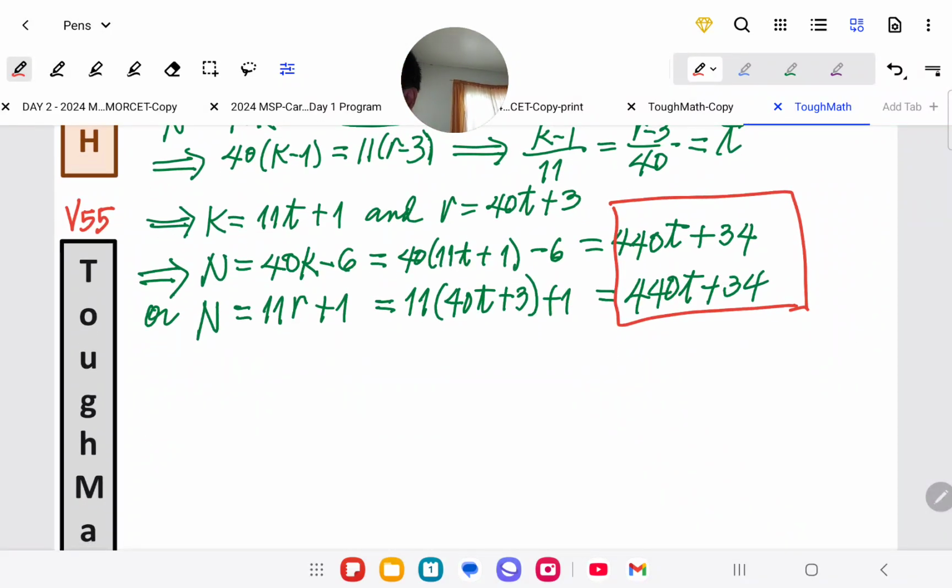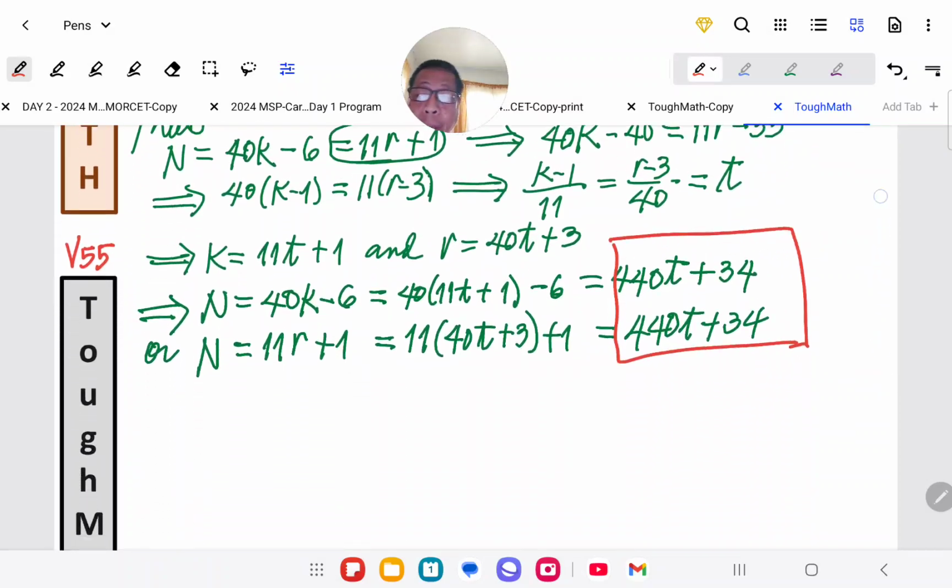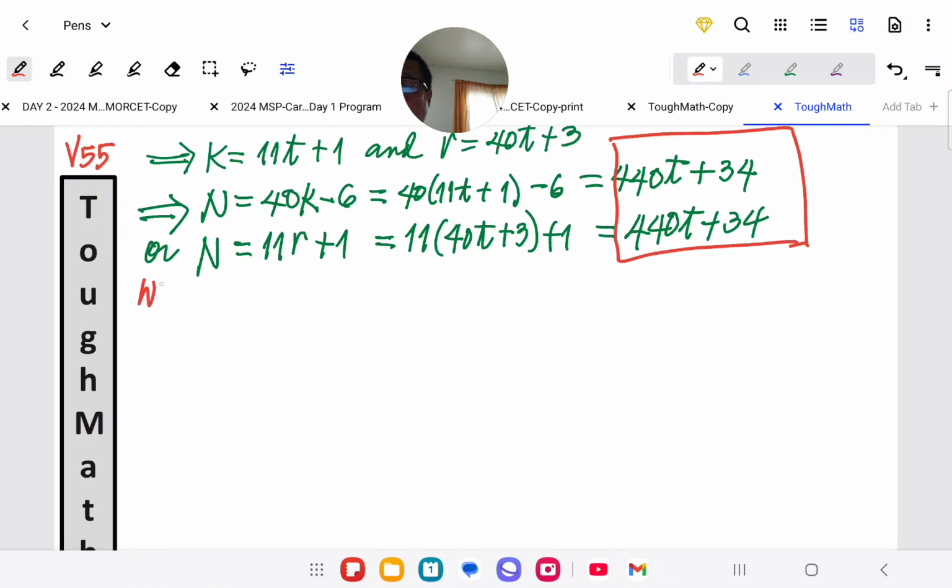And to get p and m, we determine them by trial and error. Okay, so when t equals 3, we get n, this is now p, the smallest.